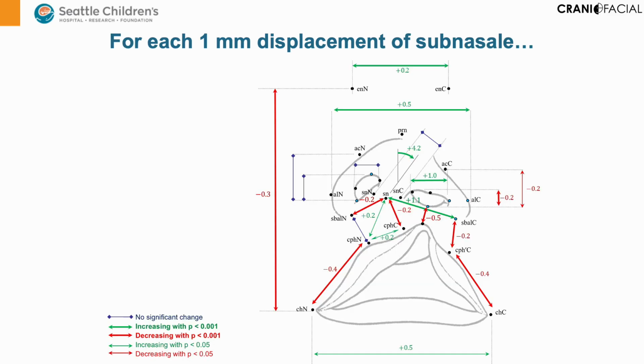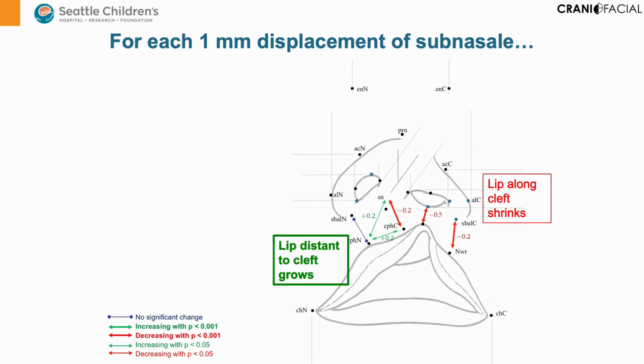For each 1 millimeter displacement of subnasale from midline, these are the changes in dimensions. In green is growth, and in red is shrinkage, and those are statistically significant values. In terms of the lip, it's as expected.